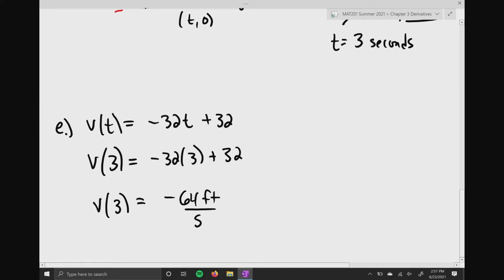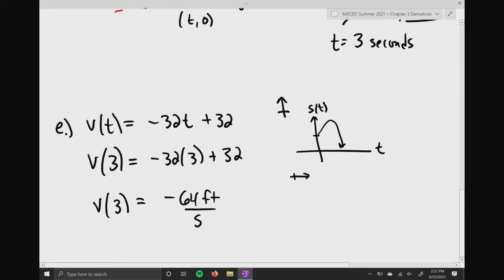Now, conceptually, we need to figure out, okay, what does this negative sign mean? When I drew t and s of t, the axes, and we know that the rock is 48 feet above and it comes down and hits the ground, I'm denoting that the positive is going to be in the up direction and positive is going to be in the right direction as well.